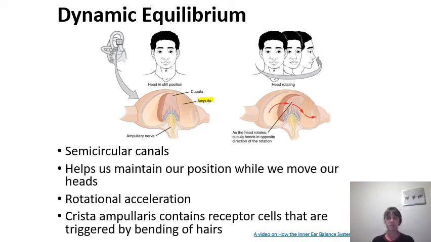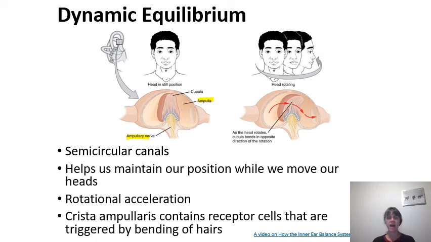The semicircular canals and ampullae are filled with endolymph, they're filled with fluid, and there is a tiny little ampullary nerve in the center and the base of the ampulla that is going to receive signals from, again, hair cells.